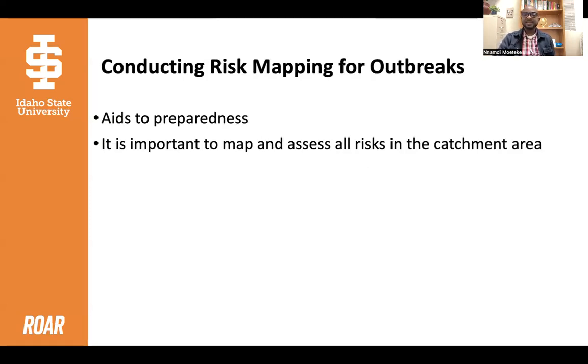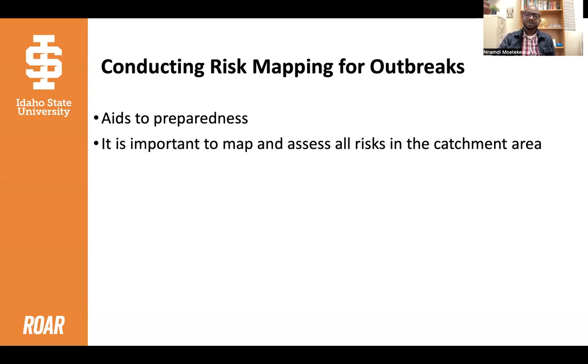Now we look at conducting risk mapping for outbreaks. So vulnerability, risk assessments, and mapping are used to aid preparedness. This process identifies at-risk areas or populations. It ranks preparedness activities and engages key policy and operational partners.